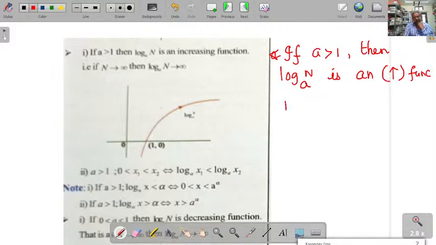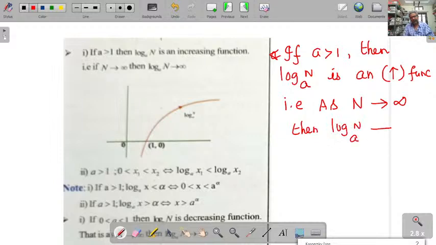That implies, as n tends to infinity, this log n to the base a also approaches positive infinity. That's why it's an increasing function. When a greater than 1, log n to the base a is an increasing function.